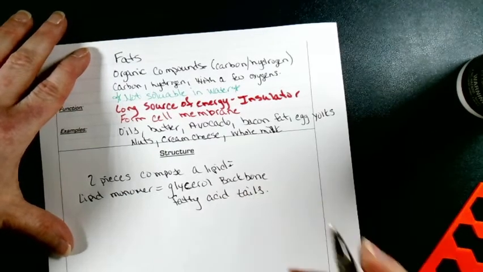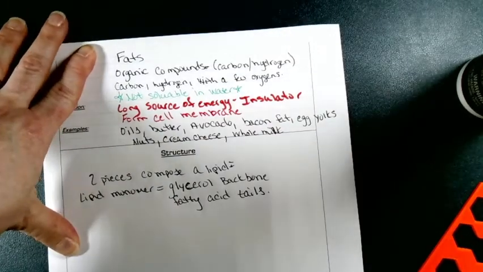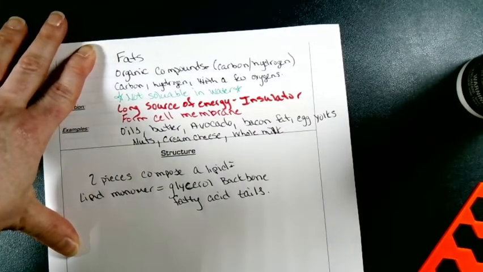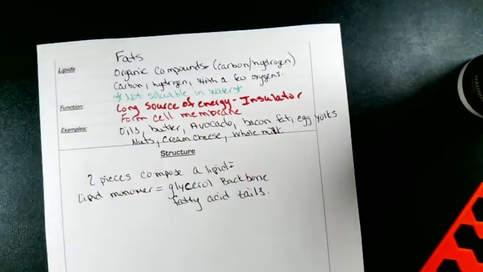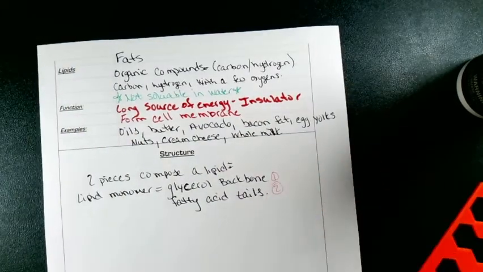And I'm going to draw it here in just a second. So I'm trying to look for a darker color. So the two parts. This is one part. That's two parts.